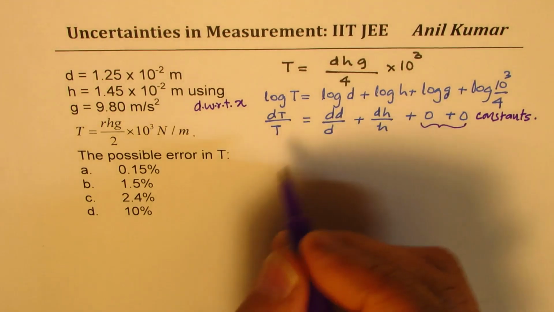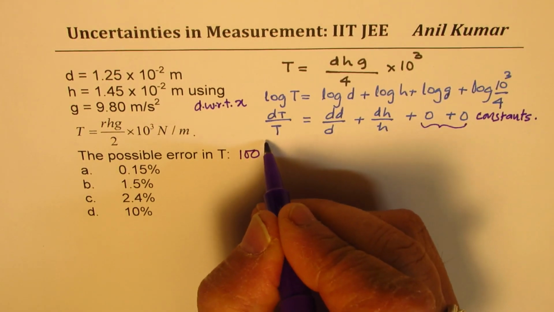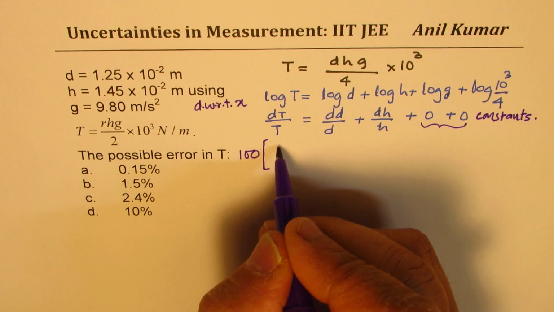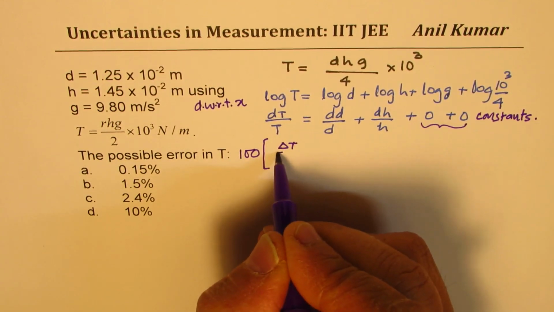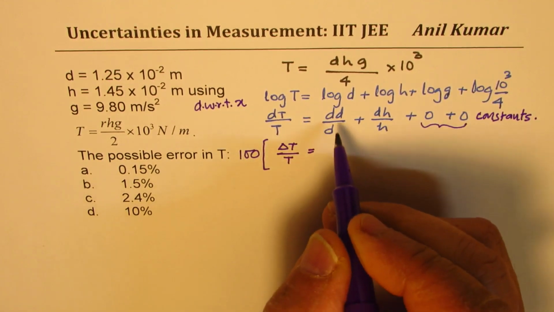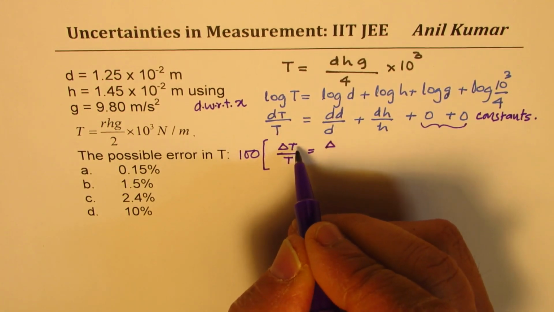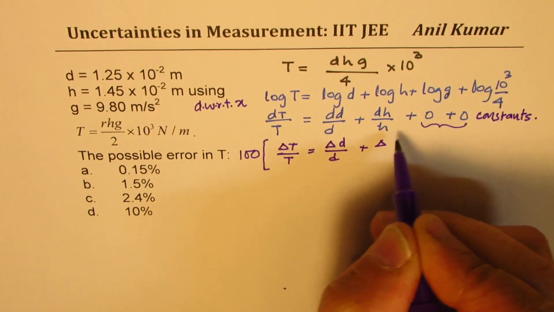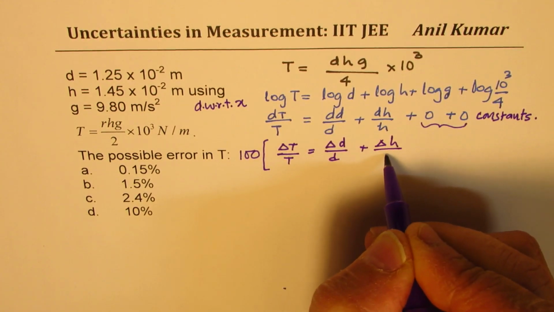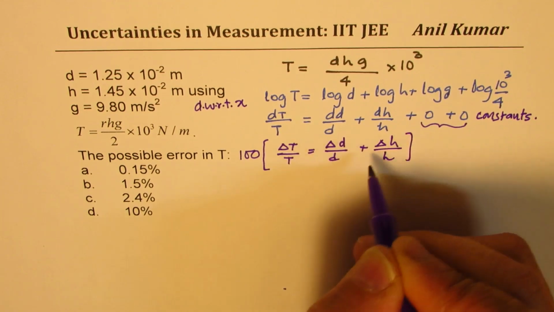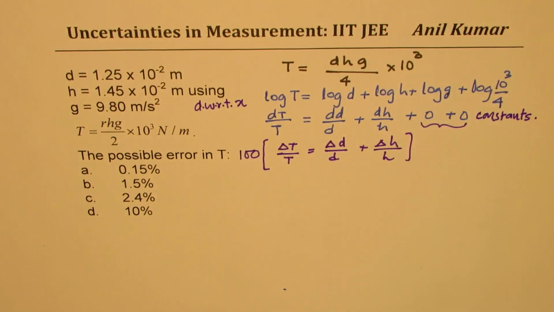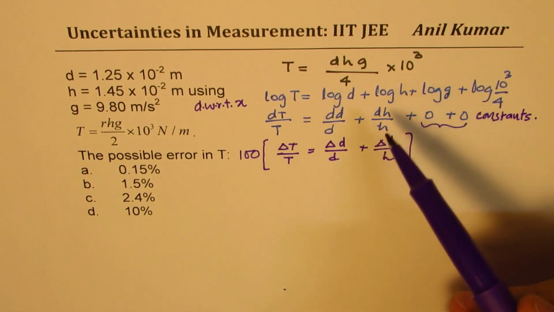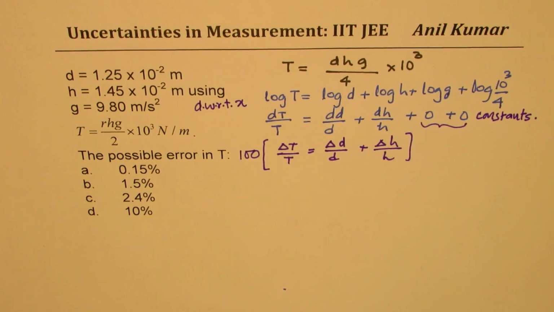So we do 100 times delta T, the change in surface tension, the change in diameter, and the change in height. Correct. So that becomes your general formula, which I was about to write there, and I didn't. So that is how you get its derivation using derivatives in calculus.